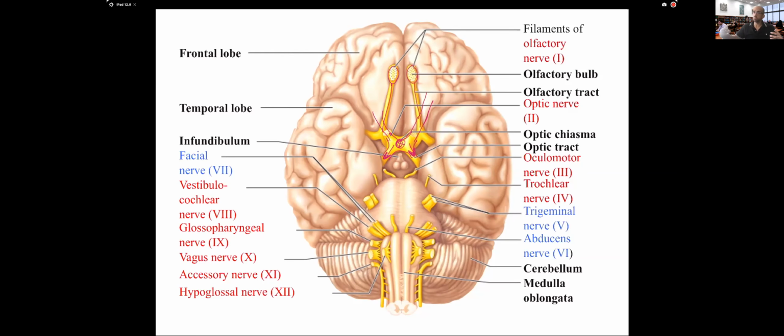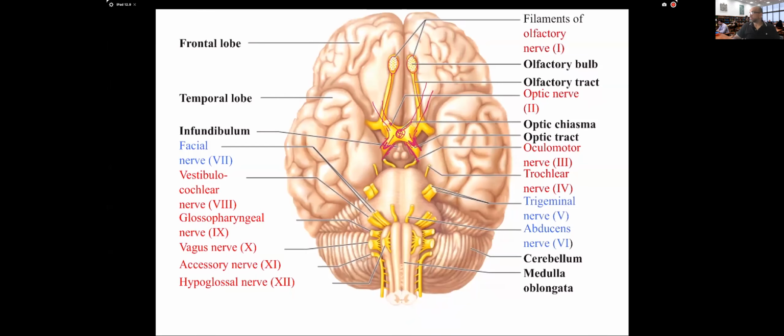There will be an exchange of the fibers when they fuse, but this is not something that we're focusing on in this class. And when they split again from one another, we call them the optic tracts.